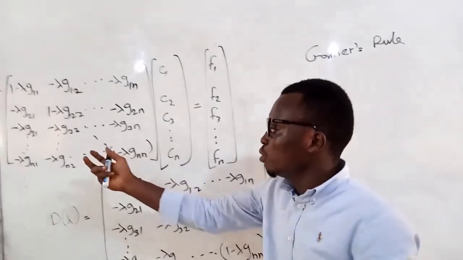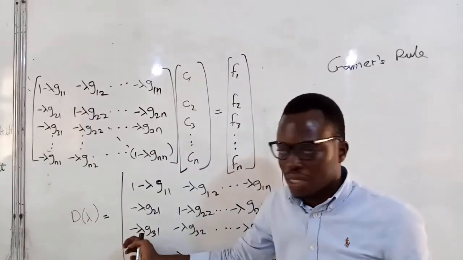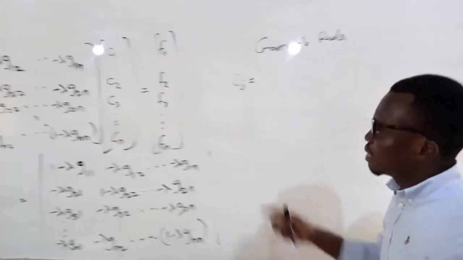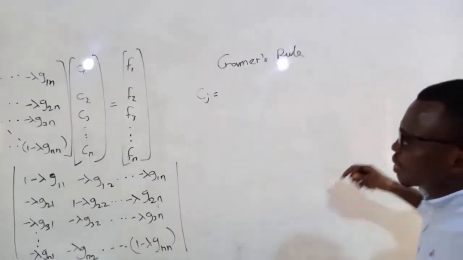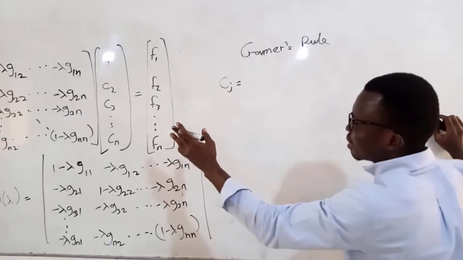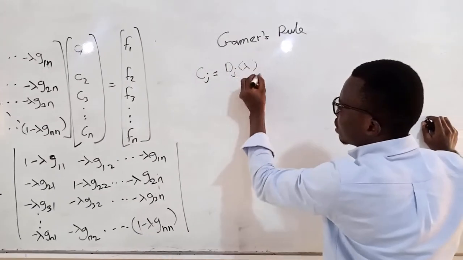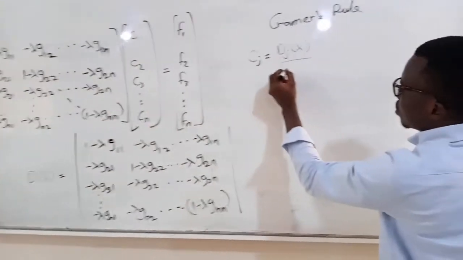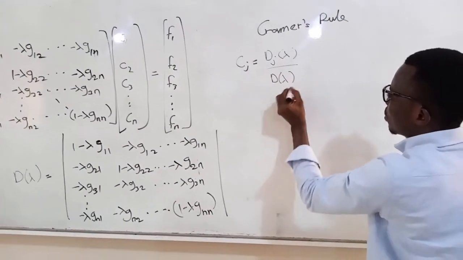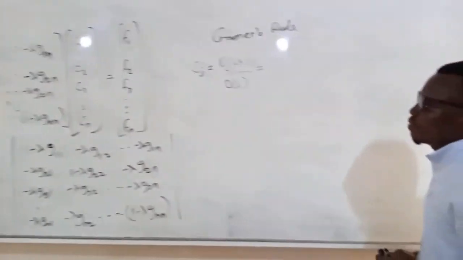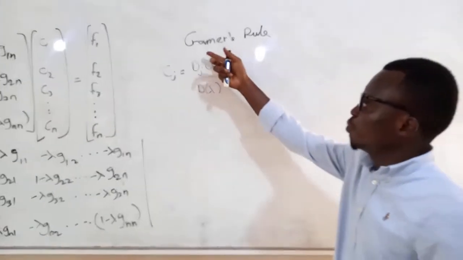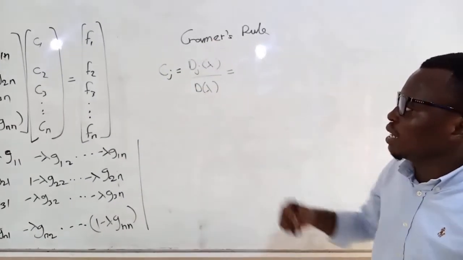Then you divide that determinant over this determinant. We're going to name that determinant dj of lambda divided by d of lambda.